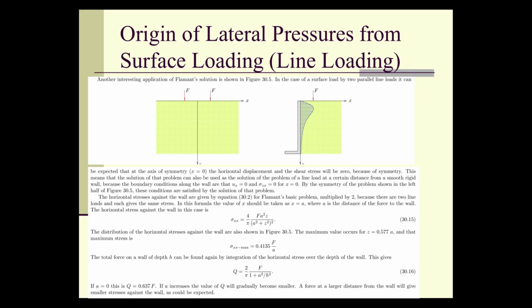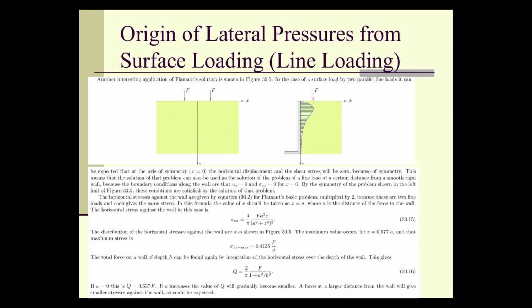But at any point along that axis Z, and I want you to concentrate on that axis Z, I'm looking at this figure 30.5, which is on the upper left side. At any point along that Z-axis in the middle, the horizontal stresses are in the same direction. They're both compressive.